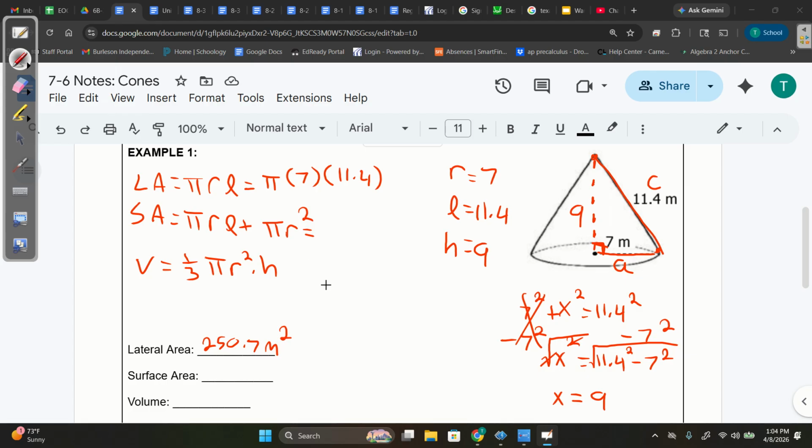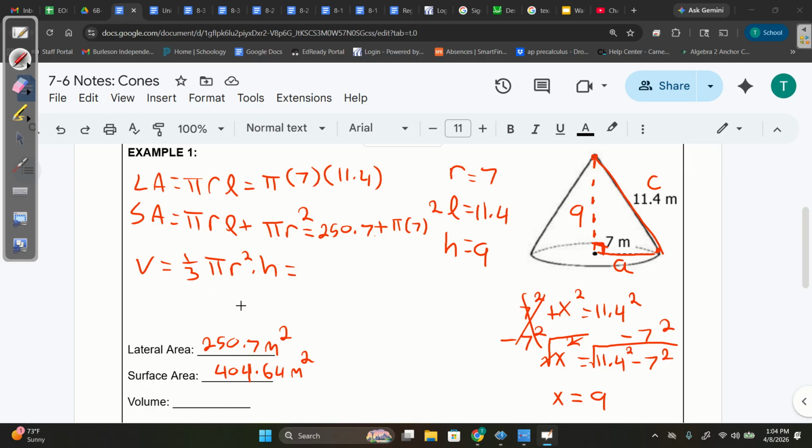Surface area is the same thing, so 250.7 plus pi r squared, which gets me 404.64 meters squared.